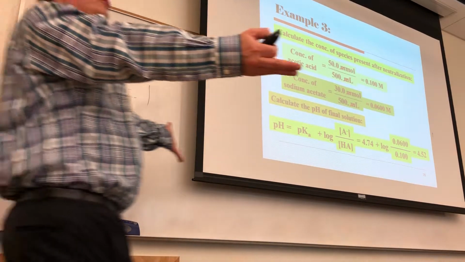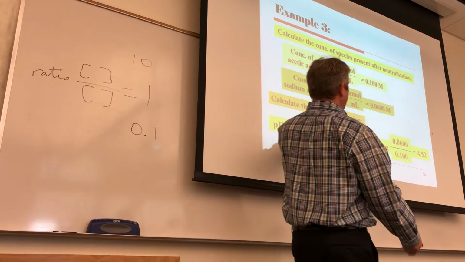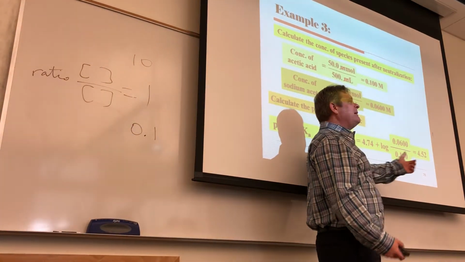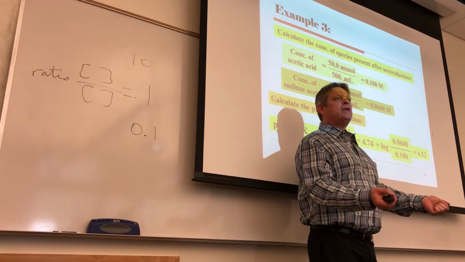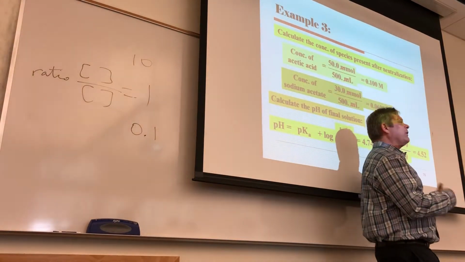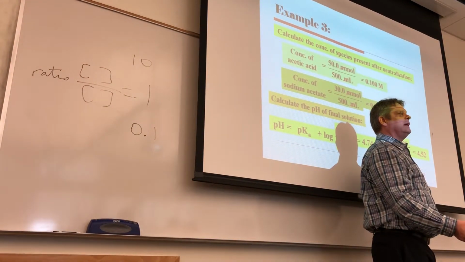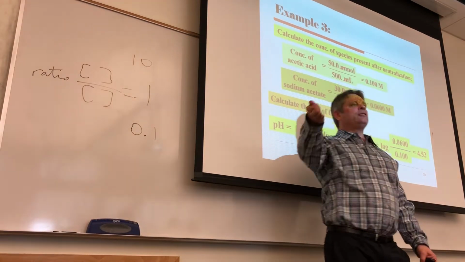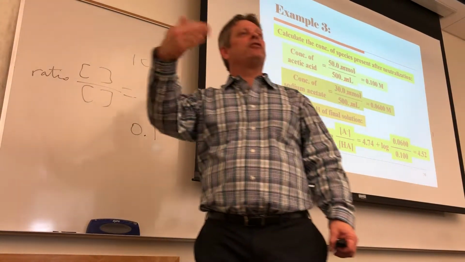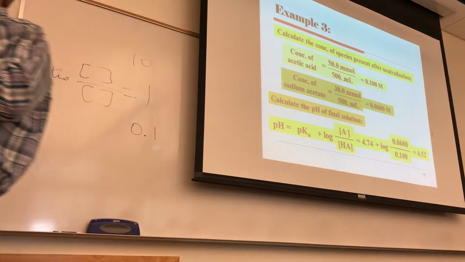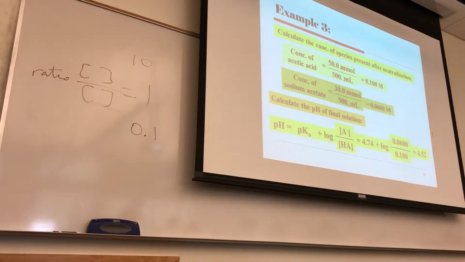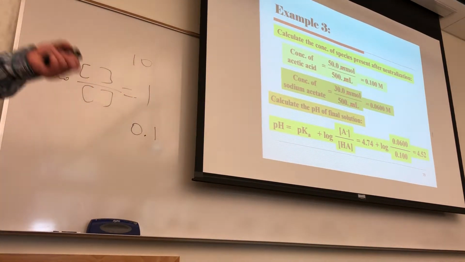Now on a test, I could also say, make your buffer system, and now I'm going to add in some strong acid or strong base. What is my final pH? I could make it into a two-part system. First, you have to figure out what your buffer system is, and then the second part would be, now I'm going to add a strong acid or a strong base to it. What is the new pH?